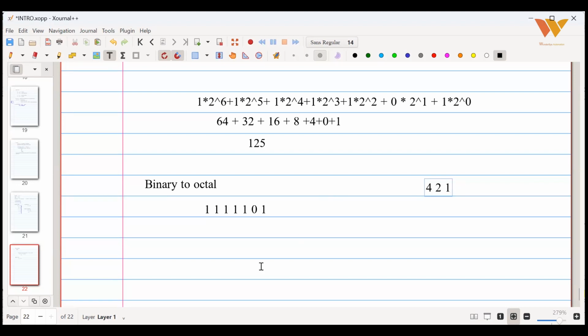So I will group the digits in groups of 3, and if any single digit is left, I'll append 2 zeros. Now if I convert, this will be 5, this will be 7, and this will be 1. It is nothing but 175.